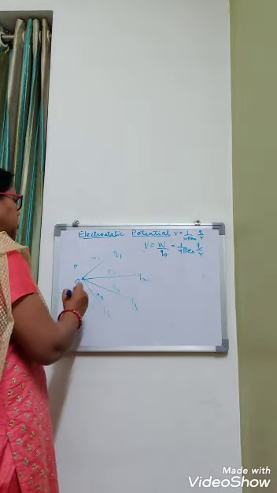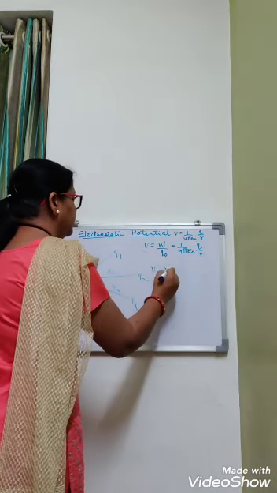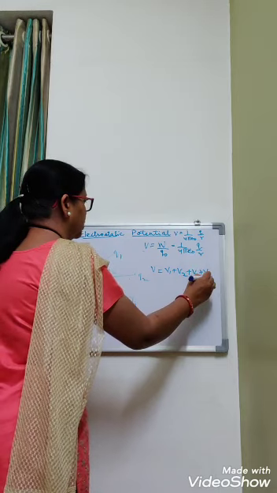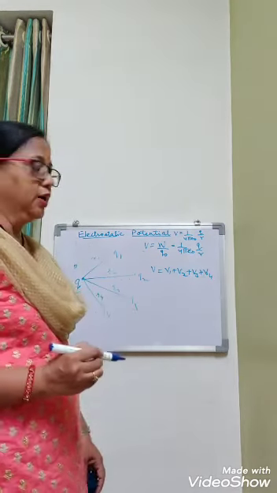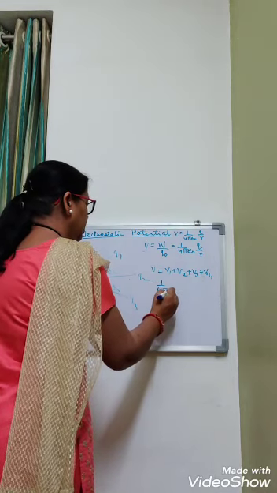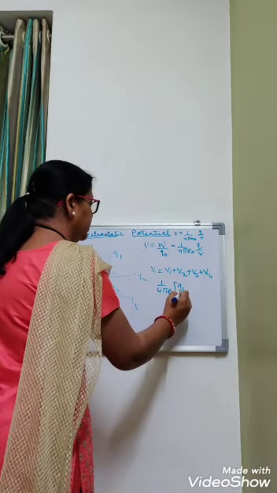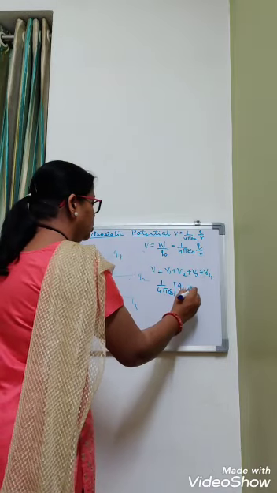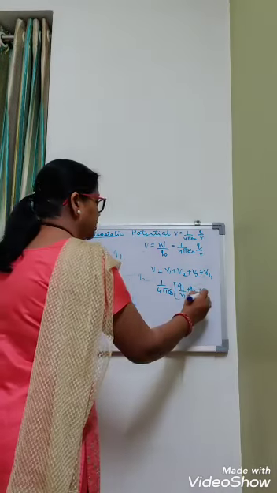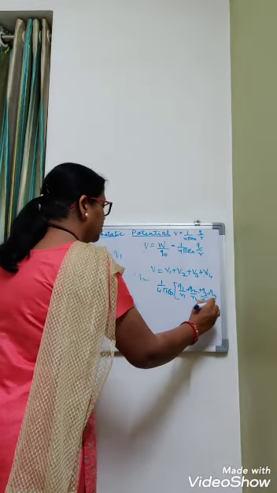So therefore the total potential due to this number of charges is V is equal to V1 plus V2 plus V3 plus V4. So therefore you have to just take 1 by 4 pi epsilon naught. It will be common for all this and you can take it as say Q1 by R1 plus Q2 by R2. Then third and fourth also in the same way. Q3 upon R3 plus Q4 upon R4.